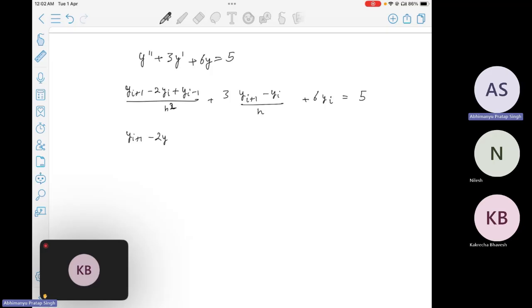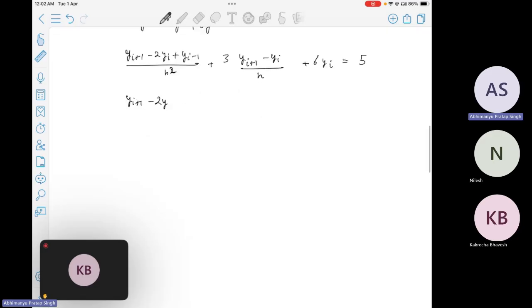So just check that once. Can I copy my code here? Yeah, you can copy the code.